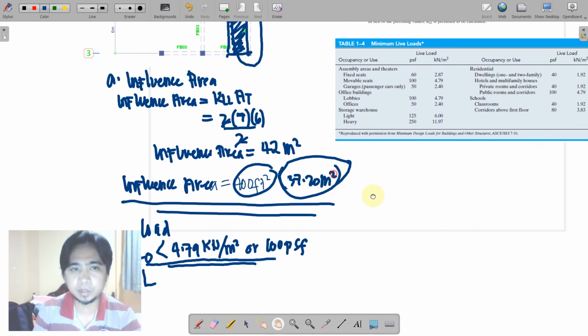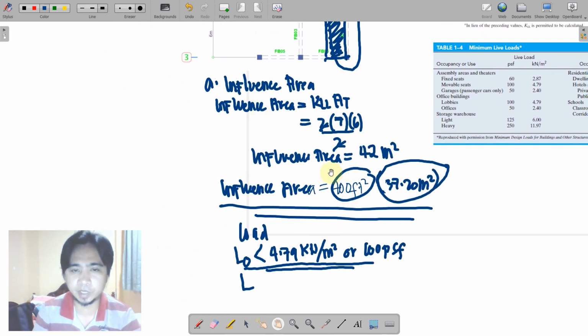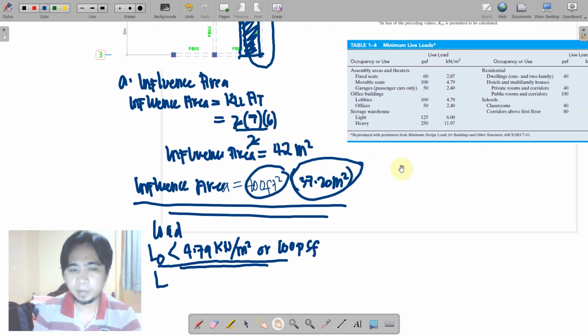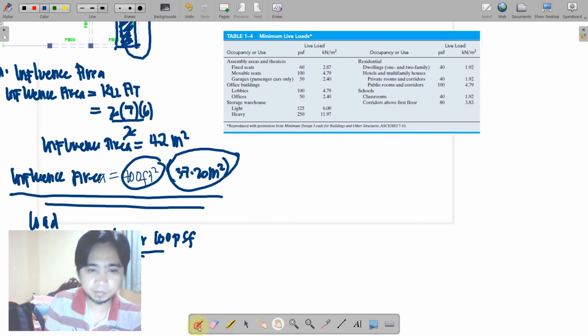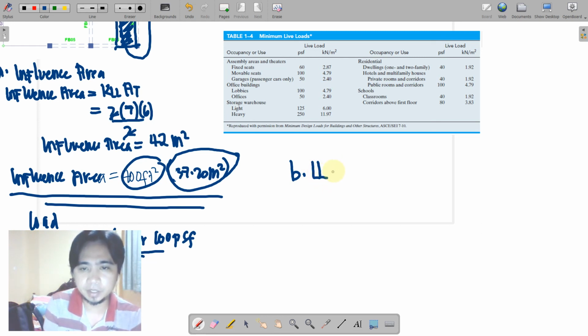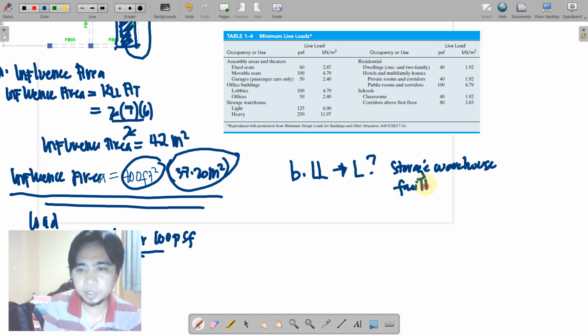So going back to our problems, for letter A, we have already obtained the influence area. And for letter B, the problem is, what is the uniformly distributed live load, or L, for a storage warehouse facility which is specified as light.